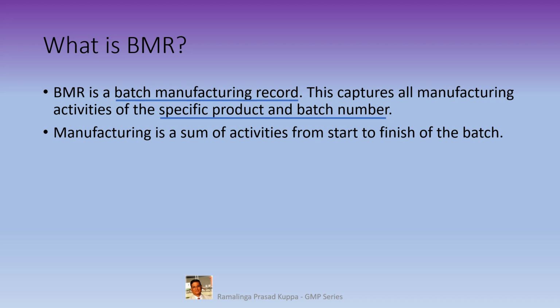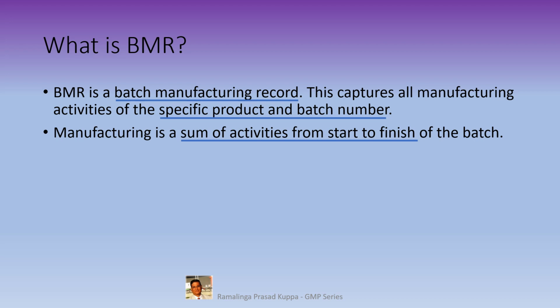Manufacturing is a sum of activities from start to finish of the batch. If you see the glossary section, chapter 20 of ICH Q7, you will find the definitions for manufacturing and production. Production is a part of manufacturing.